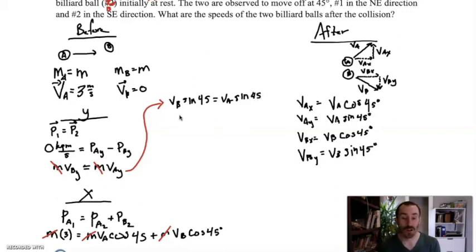Okay, so I'm going to replace VB in the other equation. So let's get VB by itself. VB is equal to VA sine 45 over sine 45.